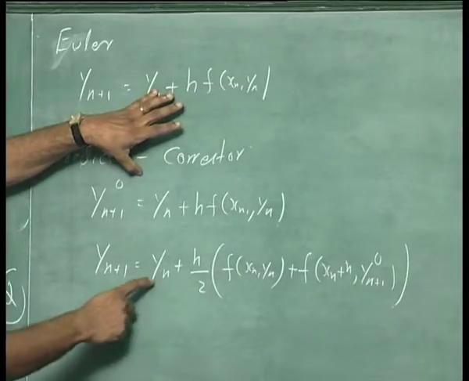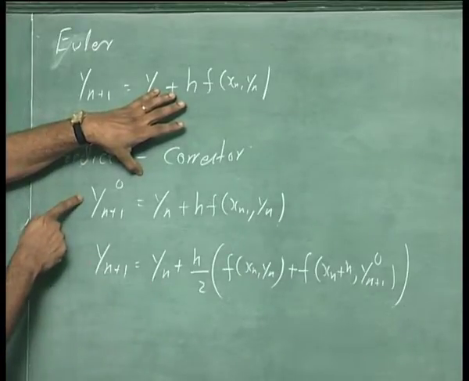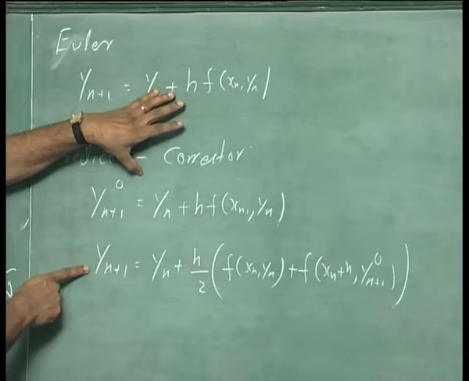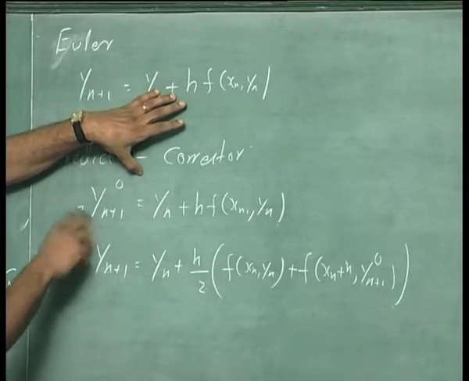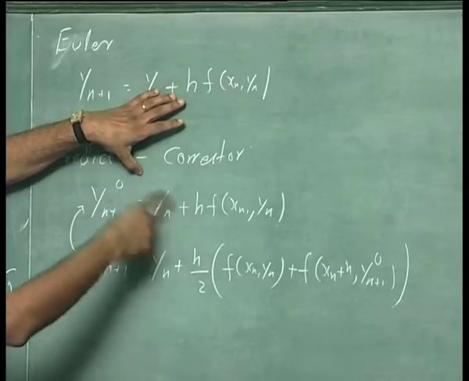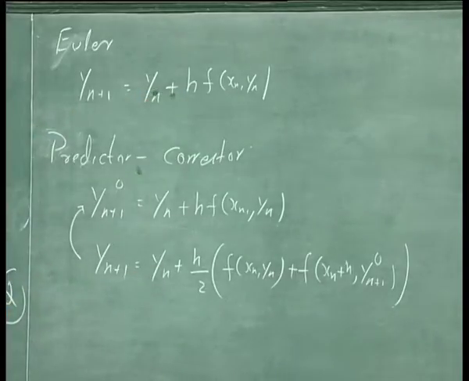And then we said that if yn plus 1 0 and yn plus 1 did not compare, then we will go back and do this again. Okay, that was the predictor corrector method iteration. So, here we are doing exactly the same.